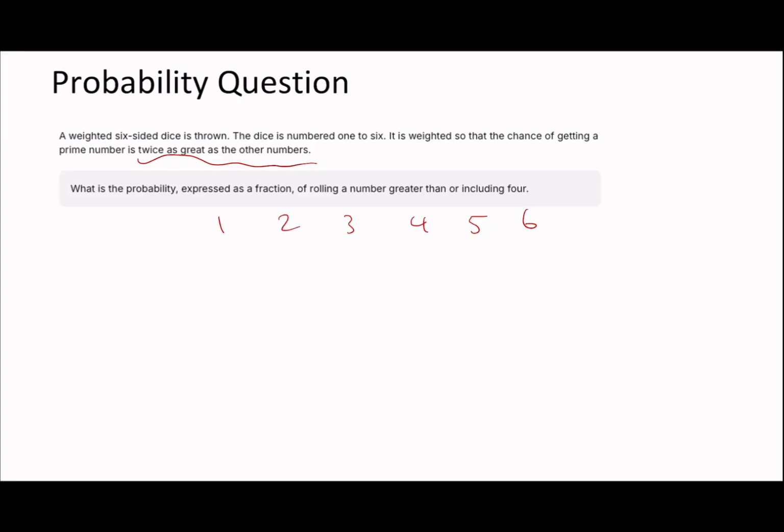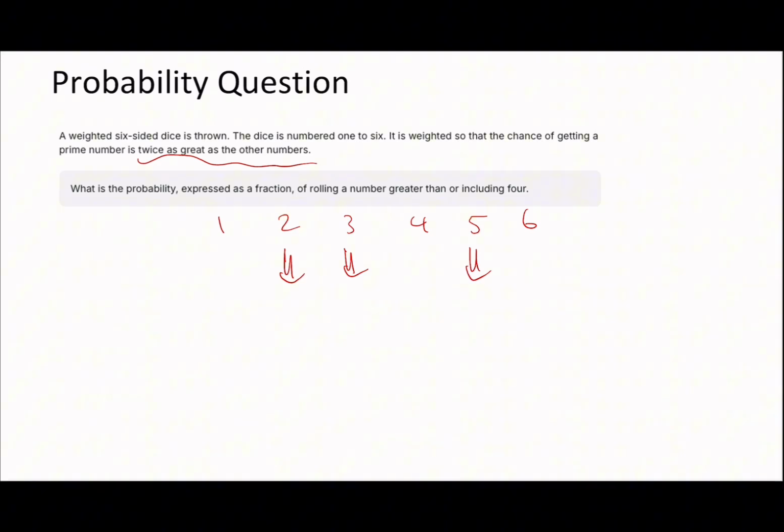So a prime number only has 2 factors, both of which have to be different as well. So the primes are these 3 here, and so the chance of getting a prime number is twice as great as the other numbers.